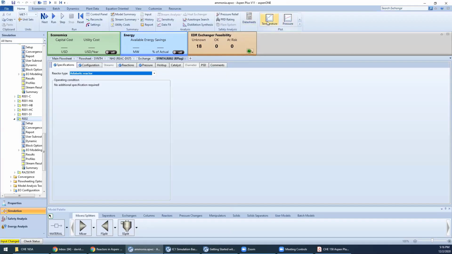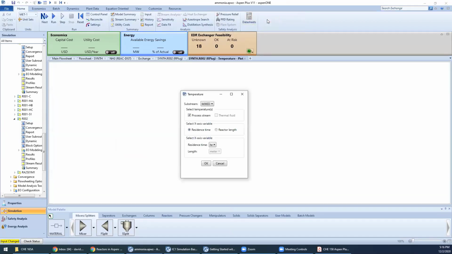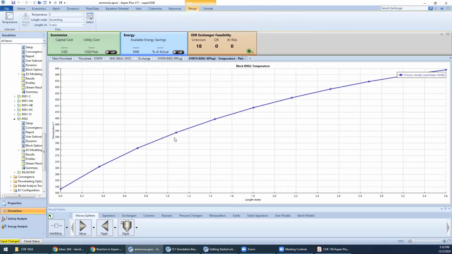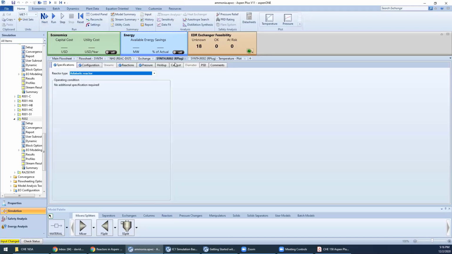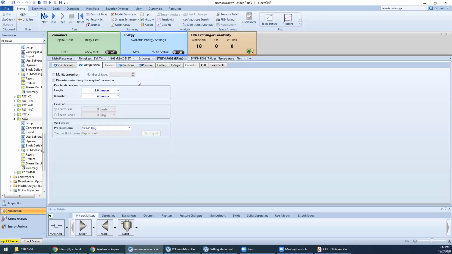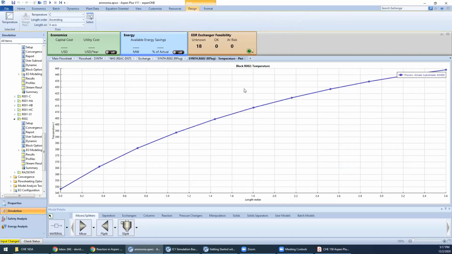You can plot temperature versus reactor length. If I'm under my reactor setup, up here I get the plot menus under the home ribbon, and I clicked on the temperature one.